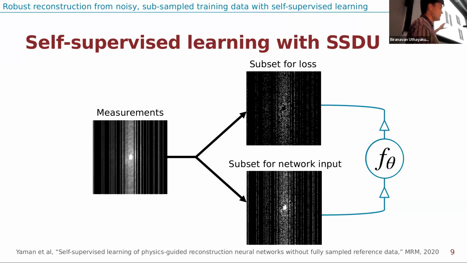After we've done this partitioning, we take one of the partitions and then we train our network to map to the other partition. So essentially, we reserve some of k-space for the network input and some of k-space for our self-supervised loss. I'm going to talk quite a lot about this method in this talk. So if it's not immediately clear why this makes sense as a thing to do, hopefully it will become clear as the talk goes on.